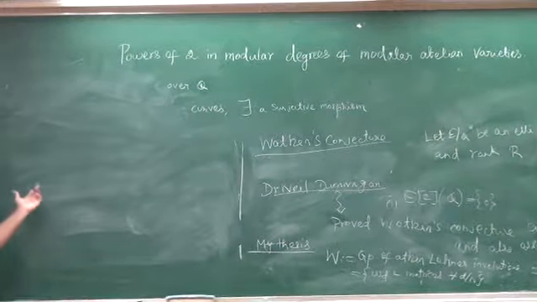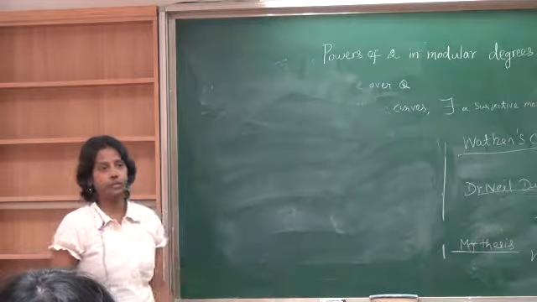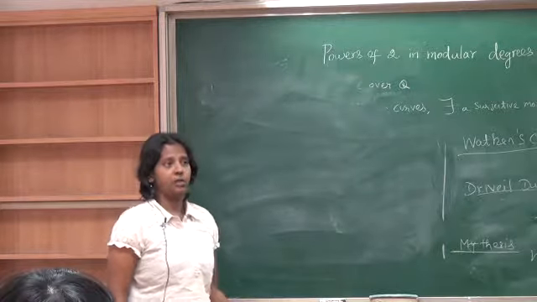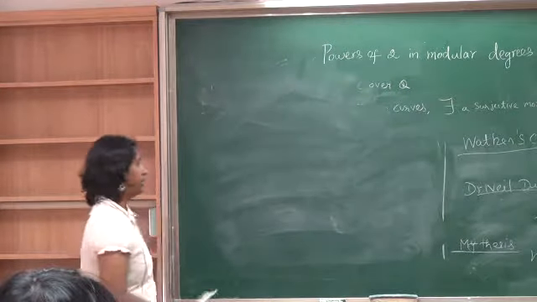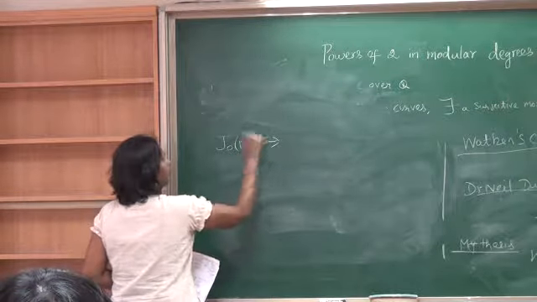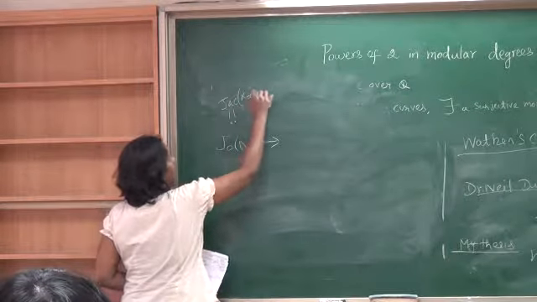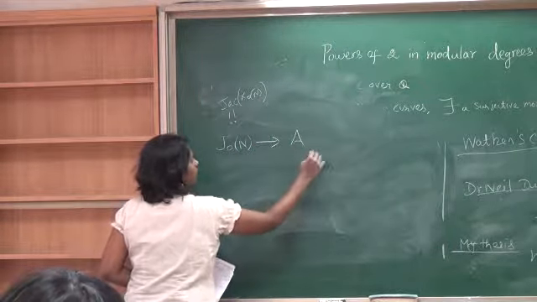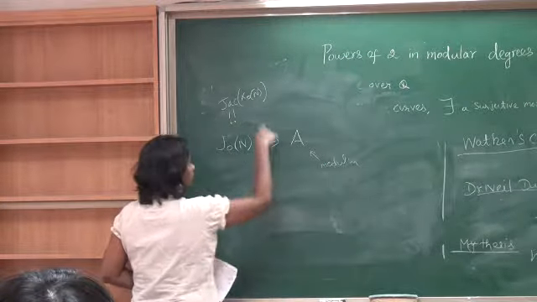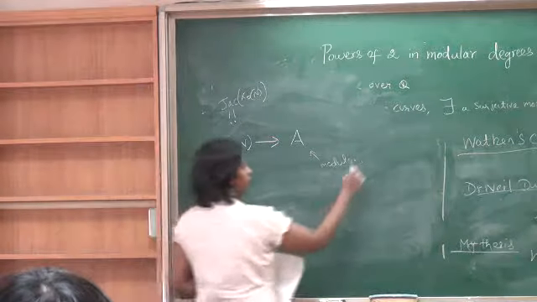In the elliptic curve case, we had the modular curve and then a morphism from the modular curve to the elliptic curve. But when we consider modular abelian varieties, there is no such morphism from the modular curve to the abelian variety. But we do have a map from the Jacobian J_0(N). If I consider A a modular abelian variety, there is no such morphism from X_0(N) to A, but there is a morphism from J_0(N) to A.